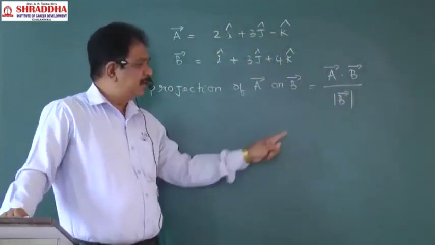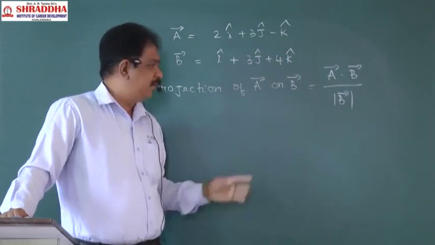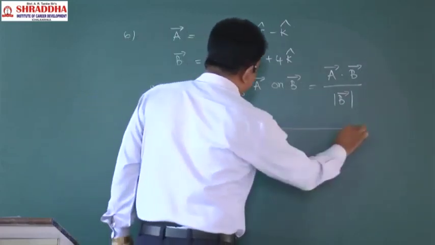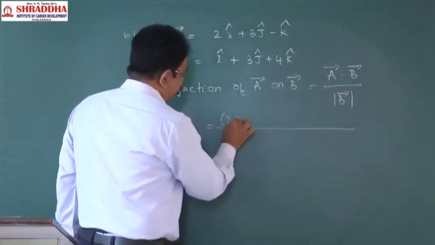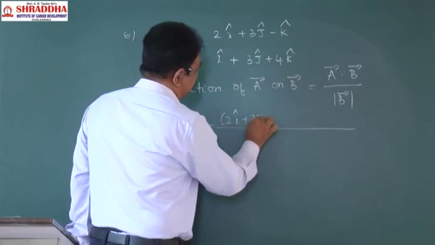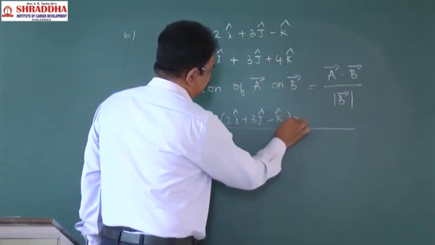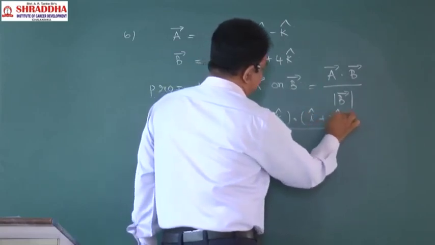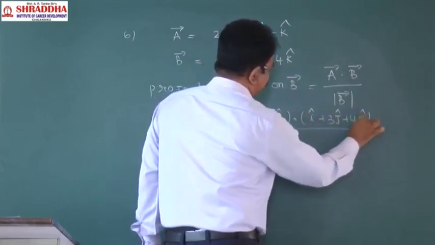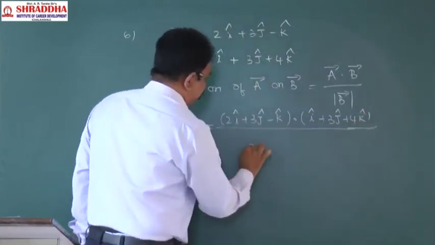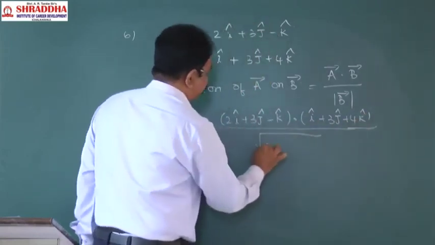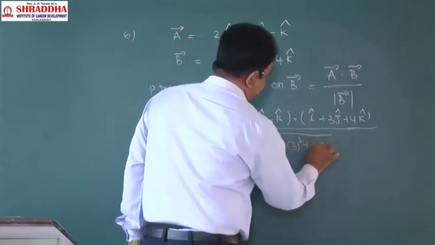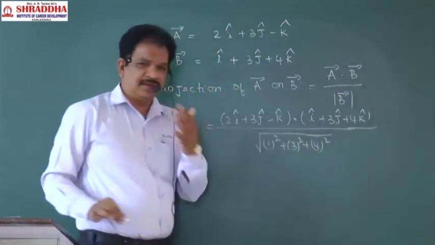A bar dot B bar by modulus of B bar. Then you do that one. A bar dot B bar, 2i plus 3j minus k dot i plus 3j plus 4k divided by modulus of B, means 1 square plus 3 square plus 4 square.